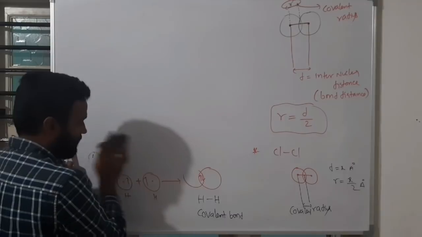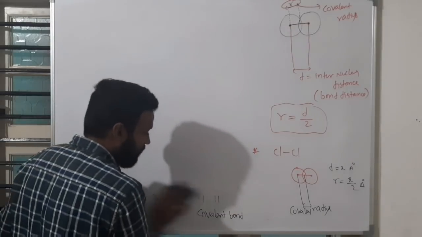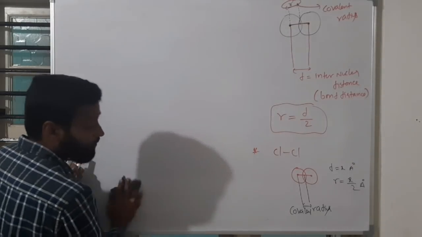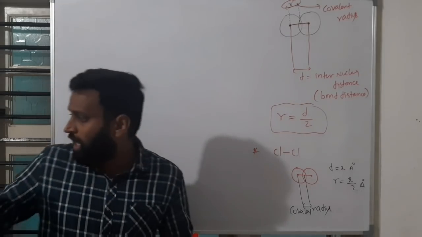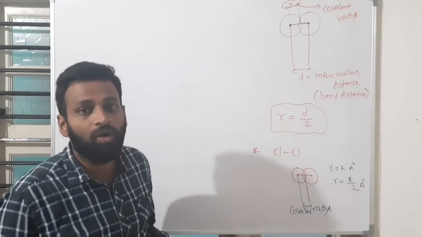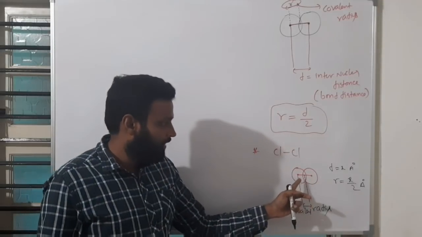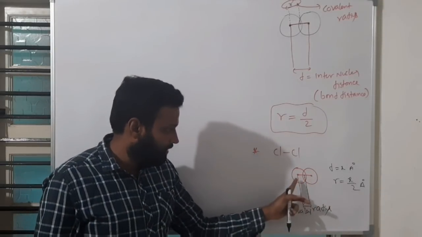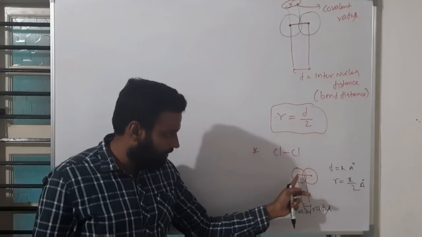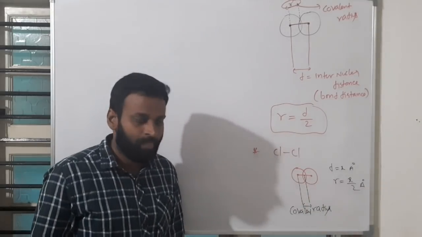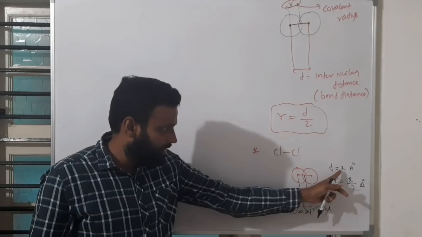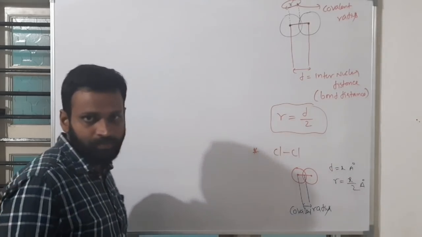We discussed covalent radius. If two atoms are in a covalent bond, half of the internuclear distance is called covalent radius. So the covalent radius for chlorine is from the nucleus to half the distance. If the internuclear distance is x, then the radius is x by 2.